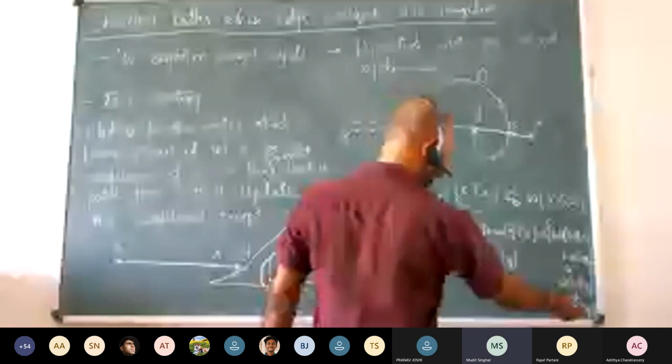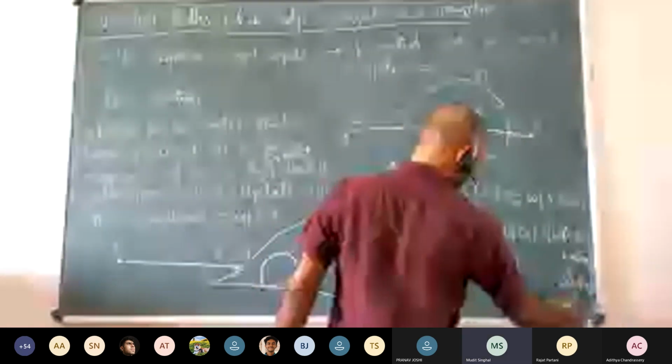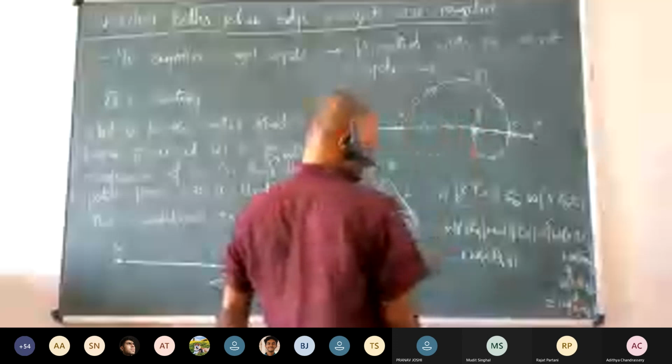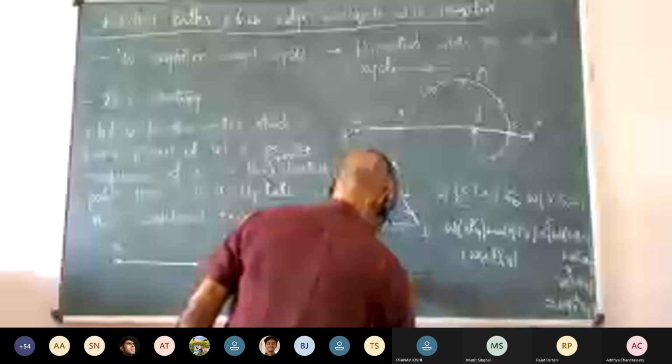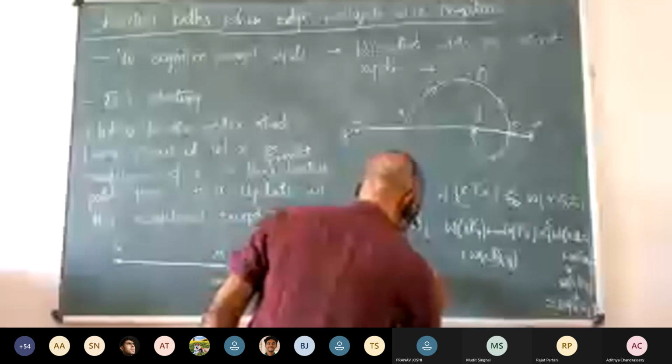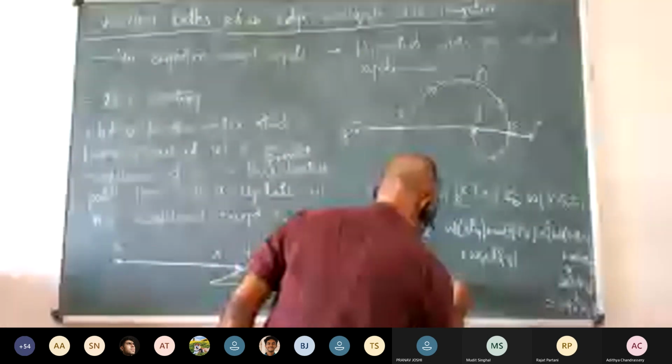You can simply cancel these two things, and this implies that the weight of YPZ plus the weight of ZQY is less than or equal to 0, which can't be possible.